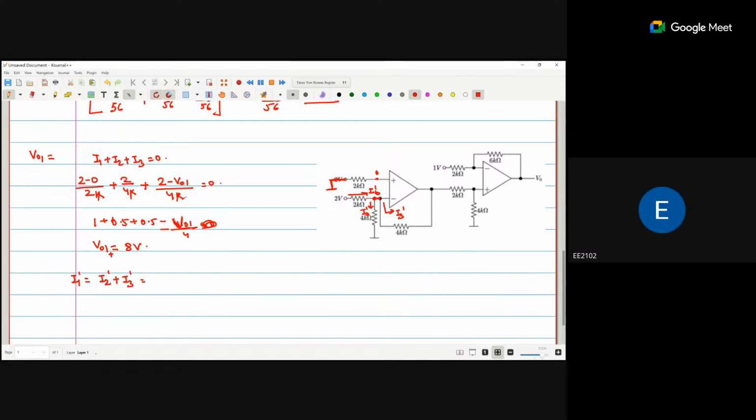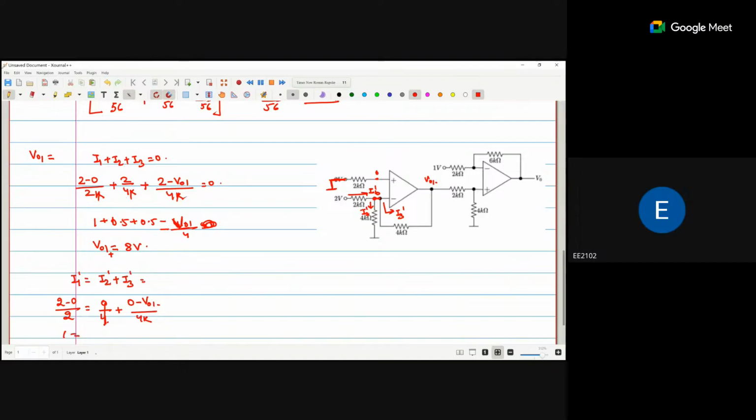So what is I1 dash? 2 minus 0 divided by 2k is equal to, what is I2? 0 divided by 4k, plus I3, 0 minus V01 negative, so V01 negative divided by 4k.